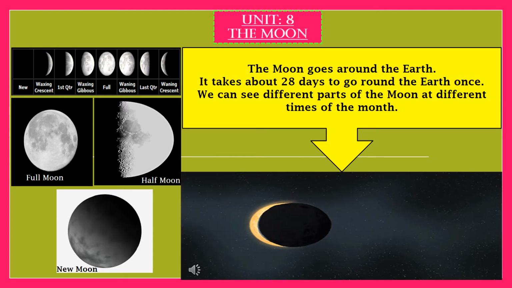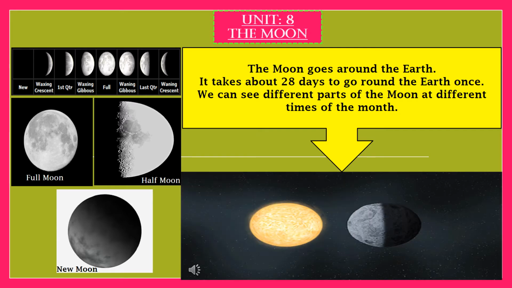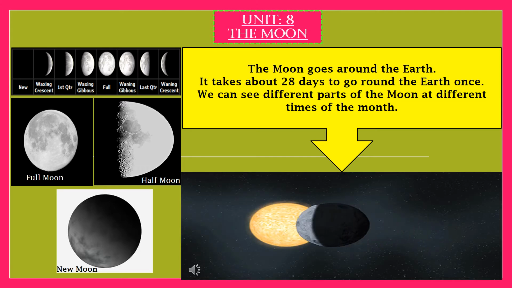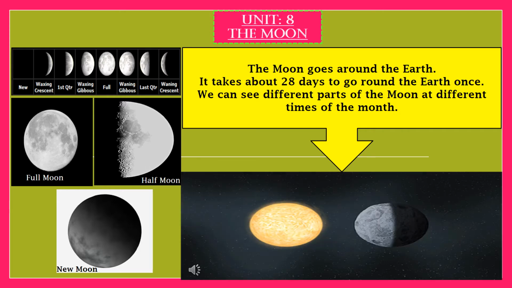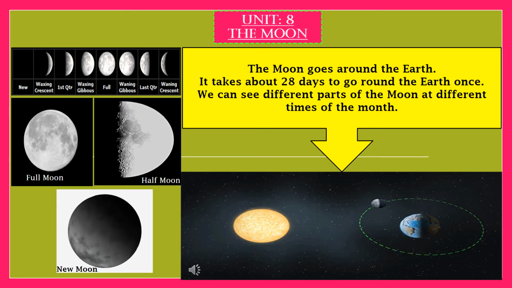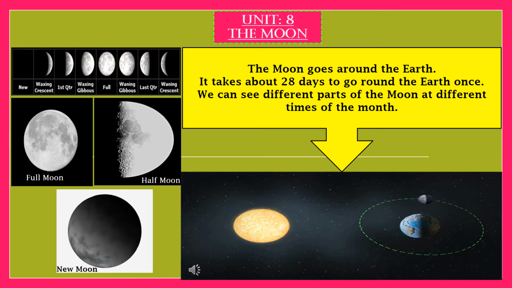So what is the meaning of these sentences? First look at this picture. The sun is on its fixed place, the earth moves around the sun, and the moon moves around the earth, and it takes 28 days to complete one round around the earth.